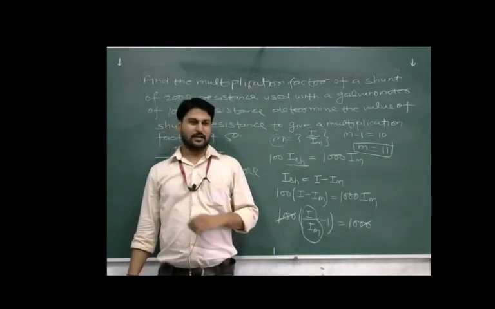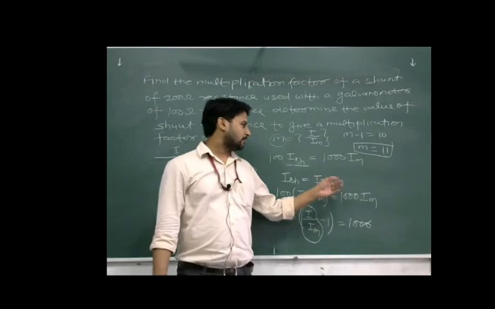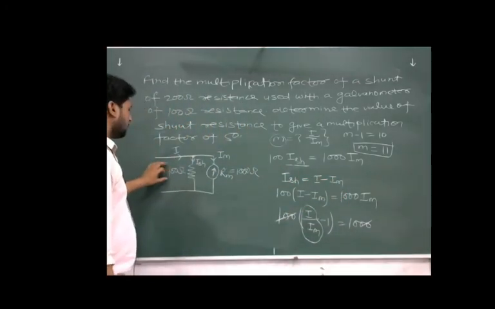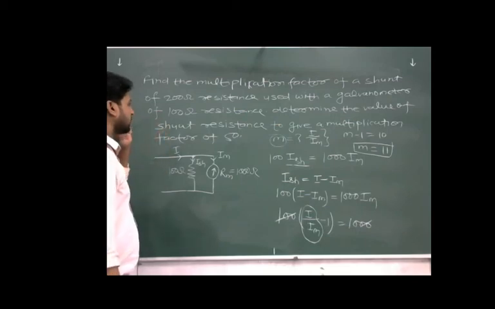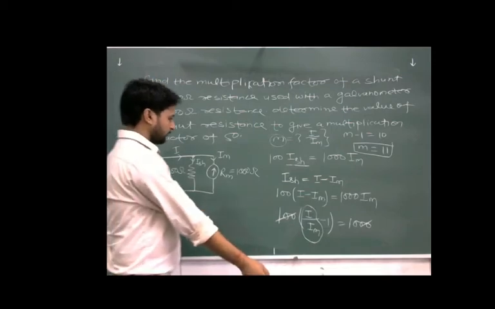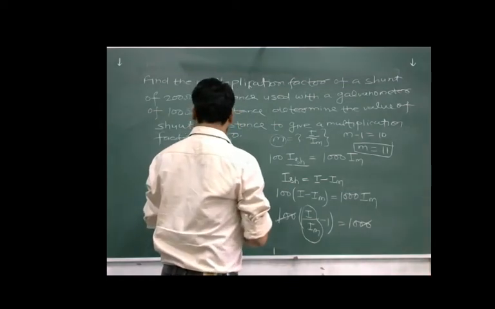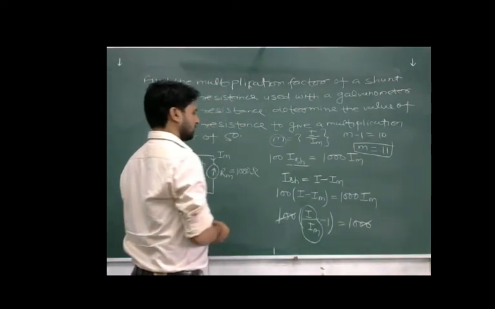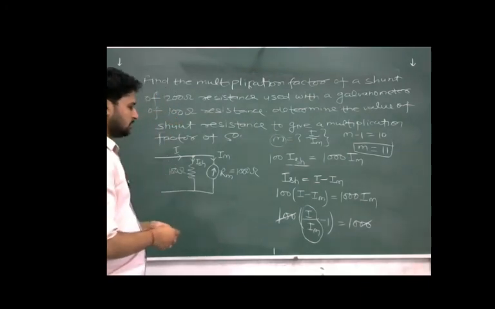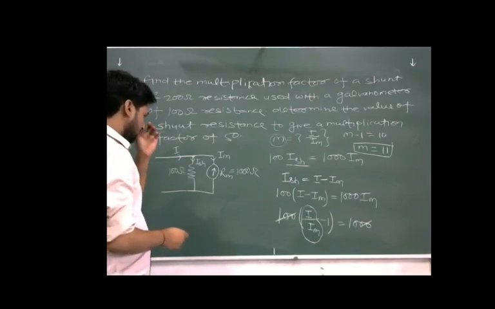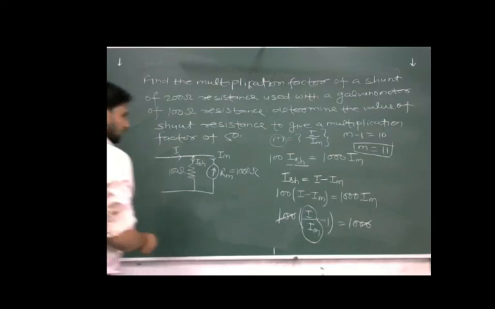So we have to find the value of the multiplication factor by using this method. And simply, another way to find the value of the multiplication factor: this resistance is not 100, this is 200.